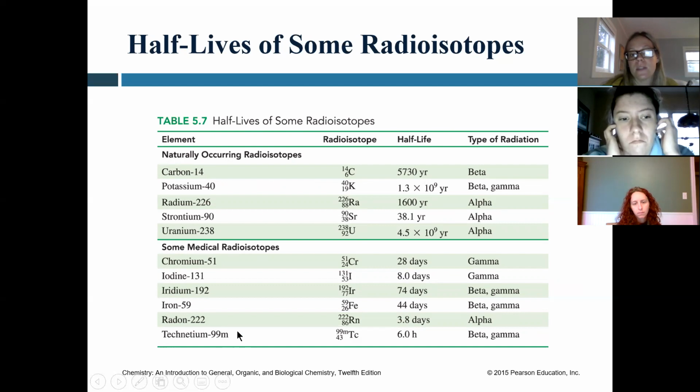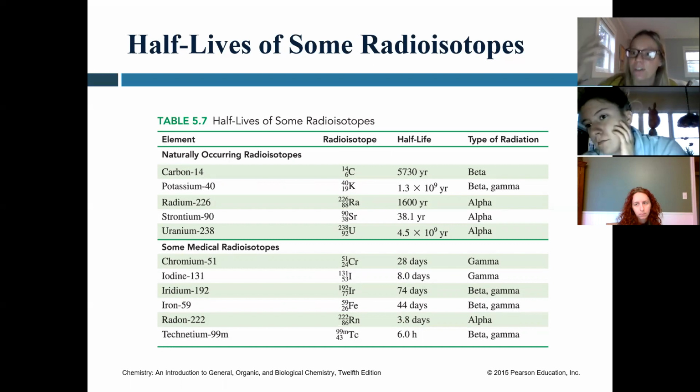Here are some isotopes that they use in the medical field. So this is to map out, you know, like when you're getting all sorts of different readings, CT scans, all those sorts of things, the machinery has to read something. So they usually put a radioactive dye in your system. That dye, you don't want that in your system for the rest of your life. And they need it to decay fast so that they can give it to you in the morning, and by the afternoon, you're no longer emitting radiation, right?